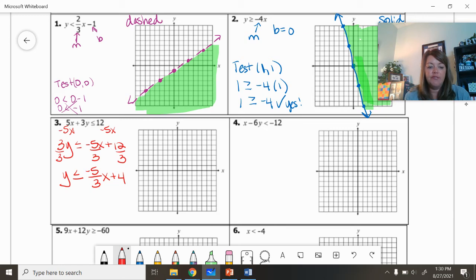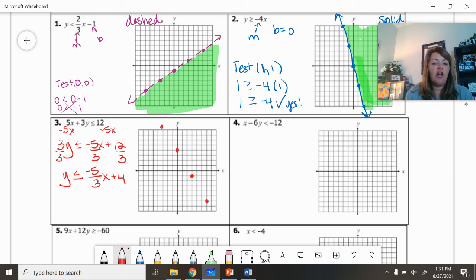Here's our b, here's our 4, so I go up 4. And then my slope is negative 5 over 3. So I'm going to go down 5 over 3. Down 5, over 3. All right, and I can go up 5 and back 3.